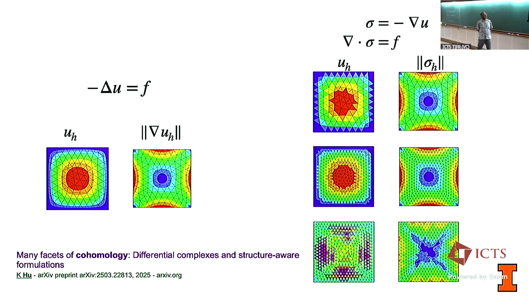And this compatibility has to do with this idea that if you're using mixed formulations in finite elements, when you have two variables or multiple variables, then it's important to choose the spaces for the different variables in a way that's compatible. For example, on the left, it's just Poisson's equation used in the direct form, not in the mixed form.